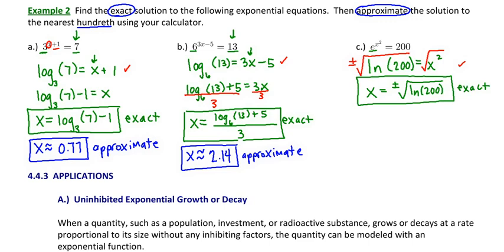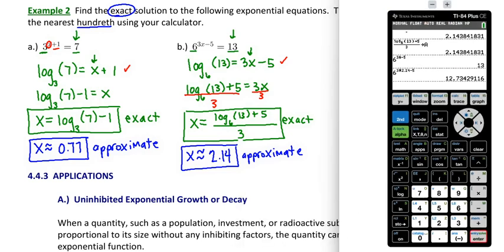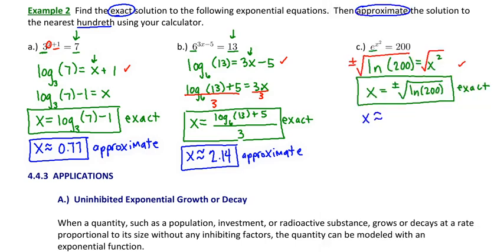Let's use our calculator to approximate these solutions. So we're going to type in square root of natural log of 200. We have two functions composed or embedded here. So our approximate solution to the nearest hundredth would be 2.30. And don't forget, we've got two possibilities, plus or minus 2.30.